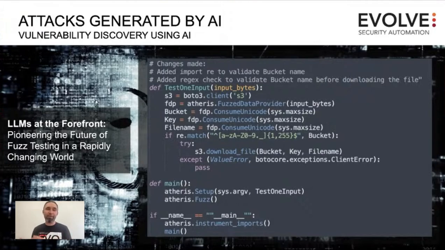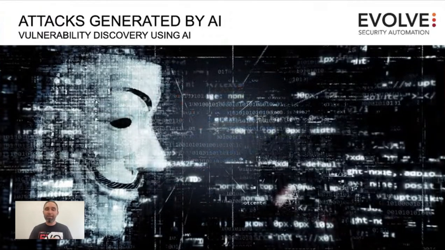In this case it's Boto3, which is the Python library for interacting with AWS services. This test here was actually generated by ChatGPT. It was automatically generated and run, and there were hundreds of them.